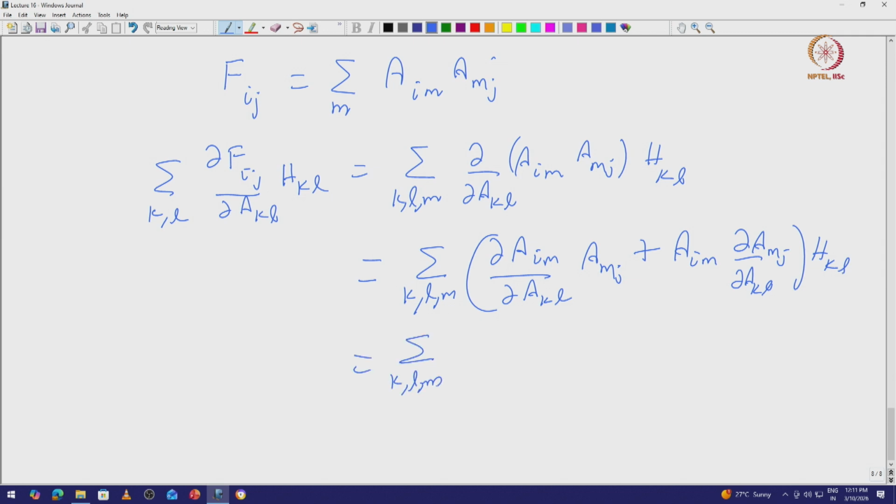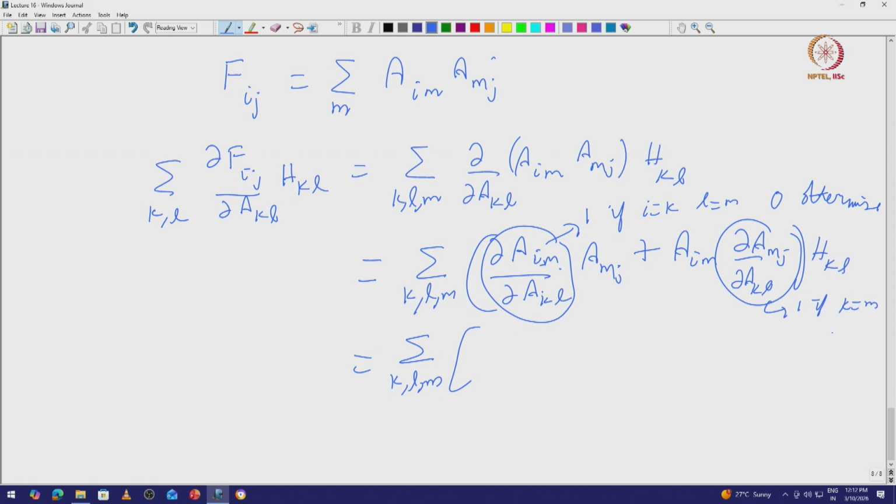At this juncture, it's actually very helpful to use a symbol. This derivative is 1 if these variables are the same, if i equals k, l equals m, and 0 otherwise. Likewise, this derivative is 1 if k equals m, l equals j, and 0 otherwise.